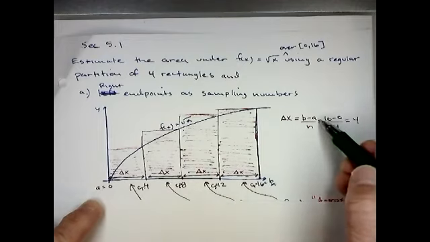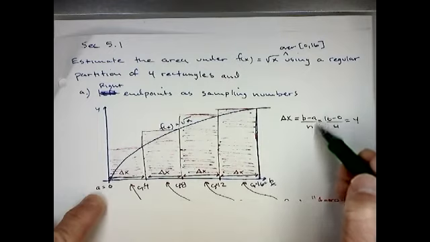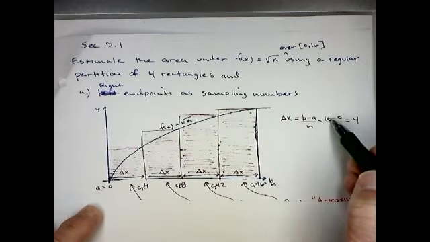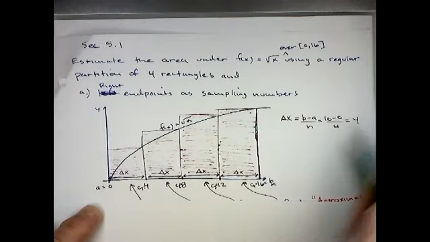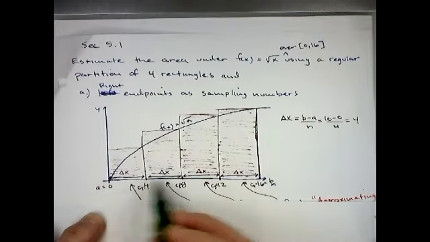So in general, to find the width, you go B minus A and divide by N, where N is the number of rectangles you're using. In this case, we have 16 minus 0 over 4, which is 4. So the width of each rectangle is 4.